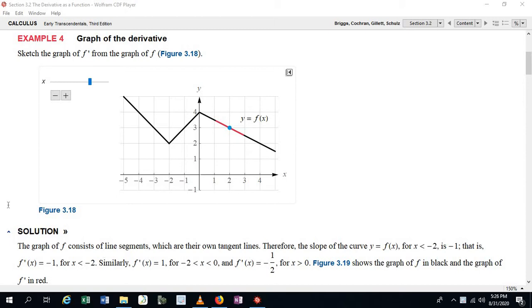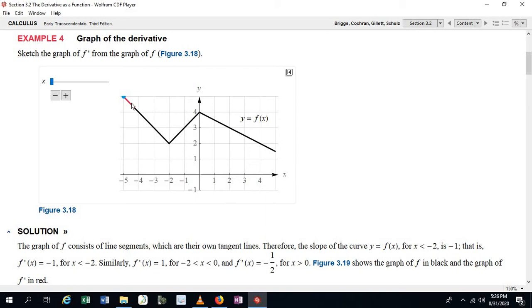Remember, the derivative evaluated at a point gives you the slope of the tangent line at that point. So let's say you want to find the derivative at -5, f prime evaluated at -5. Well, that's the slope of the tangent line at -5. So if we can figure out the slope of this tangent line, that's f prime of -5.